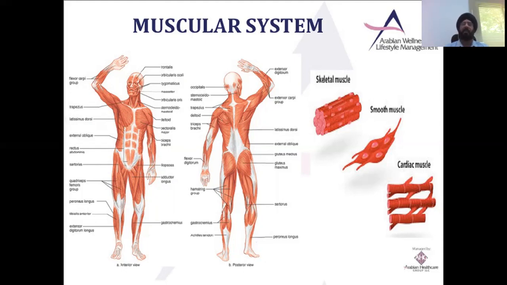Whatever movements we do is done by these striated muscles. Then comes involuntary type of muscles, which are smooth muscles, non-striated type, which work or contract without our control. These are responsible for formation of the inner lining of the organs.